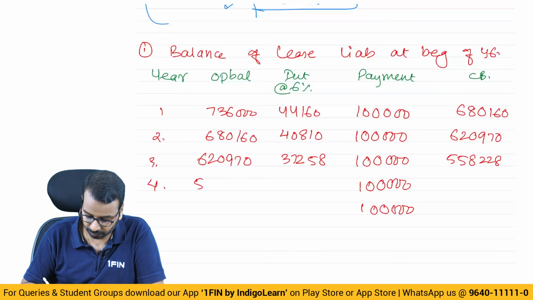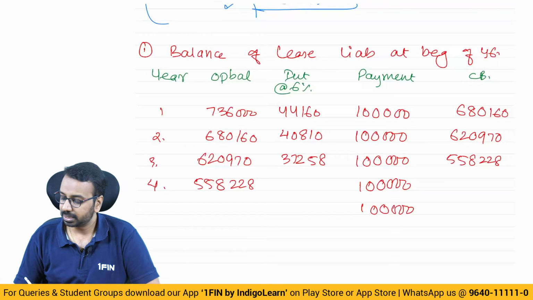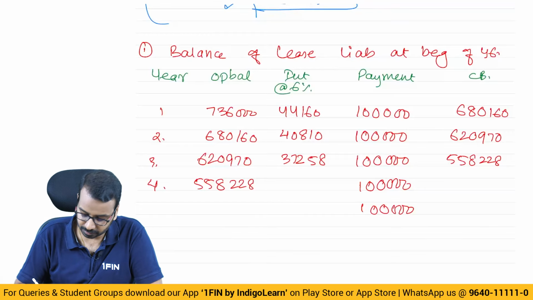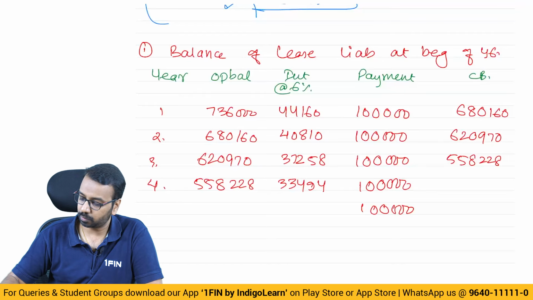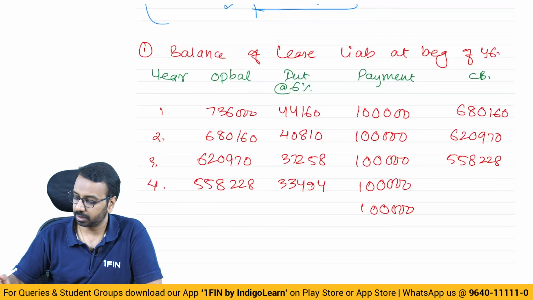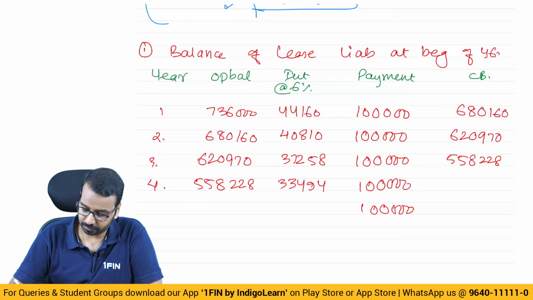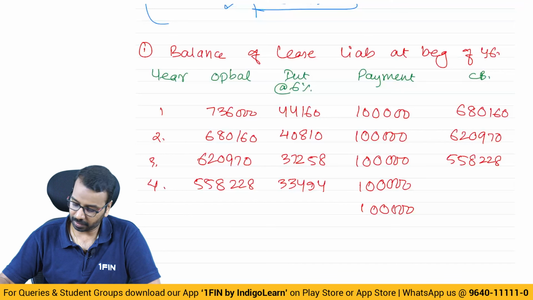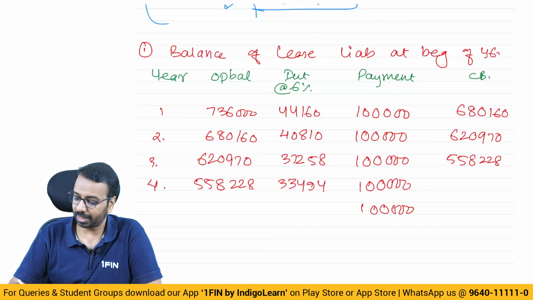Fourth year, 558,228 into 6% is 33,493.6, so 33,494, minus 1 lakh. 558,228 plus 33,494 minus 1 lakh gives 491,722.